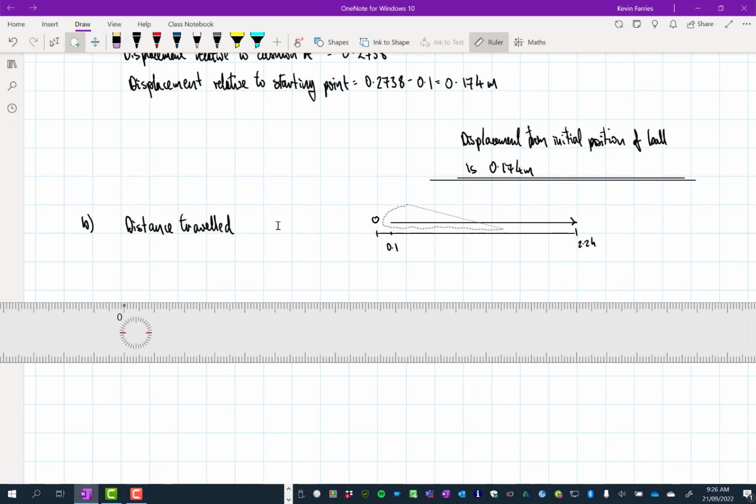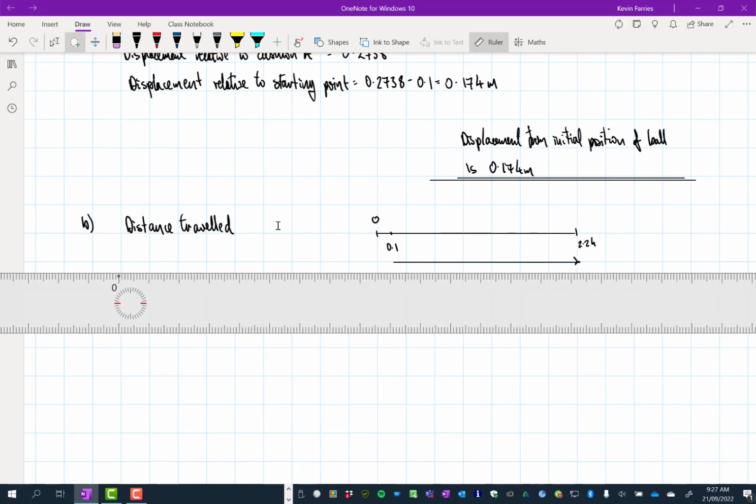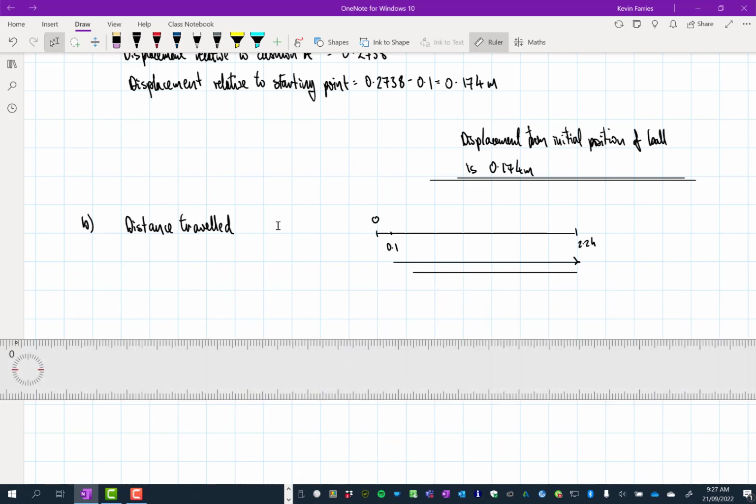We could show the two stages. So did that first. And then it went in the opposite direction. And finished at 0.2738.